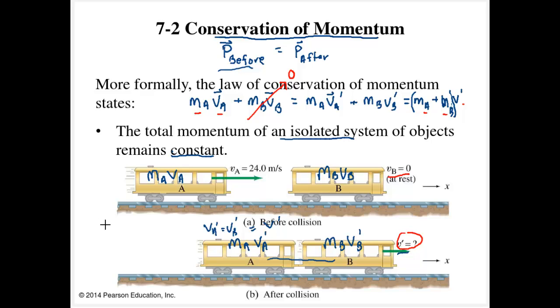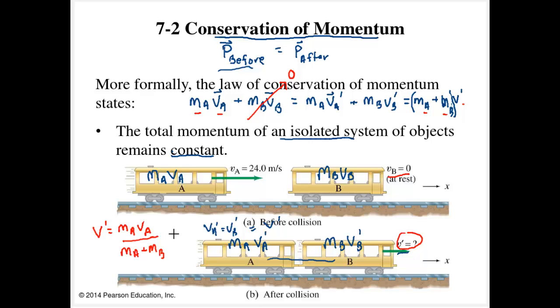So I can isolate that guy to say that V prime is going to be equal to the mass of A times velocity of A divided by the mass of A plus the mass of B.